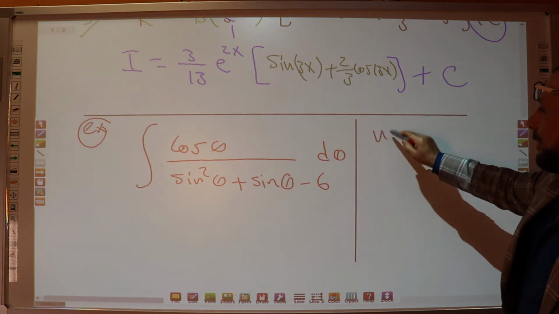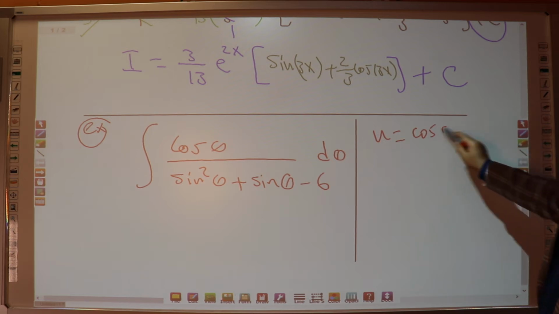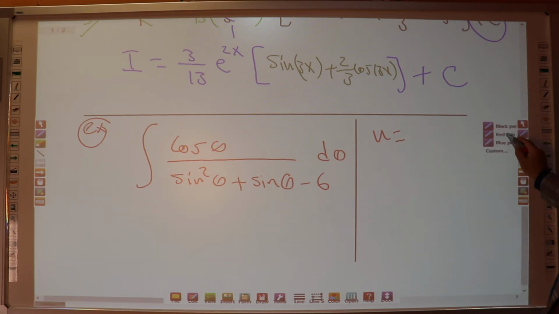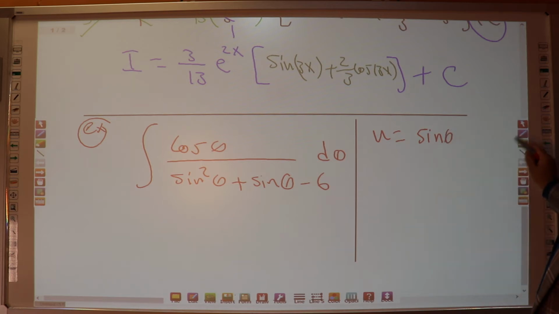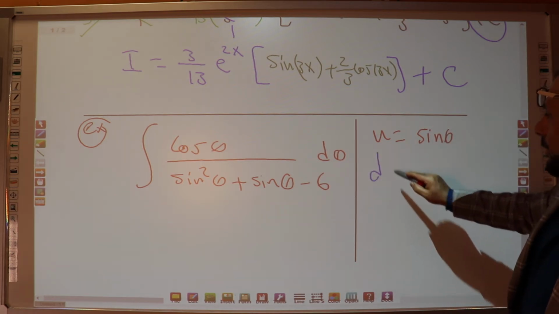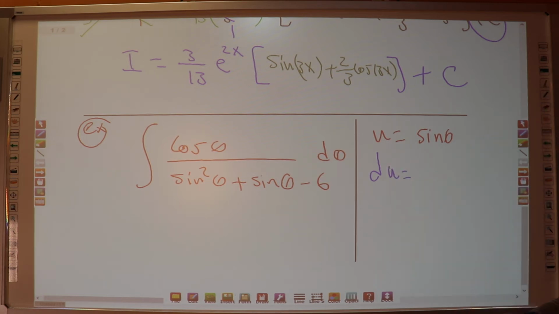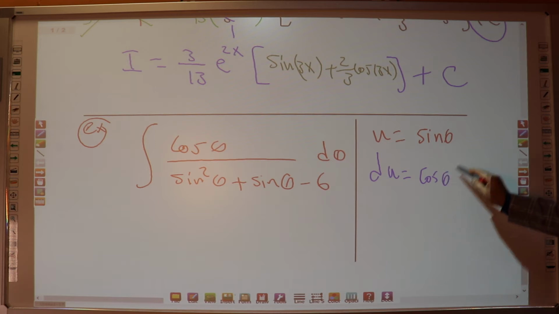U equal sine theta, right? Let us get U equal sine theta. What's du? Du equal cosine theta d theta.